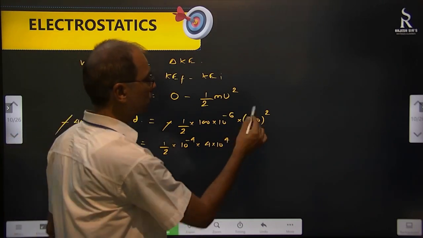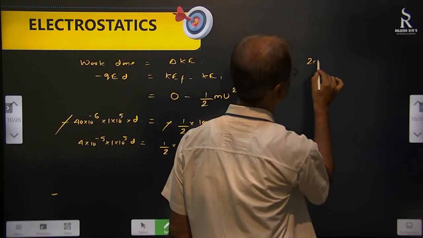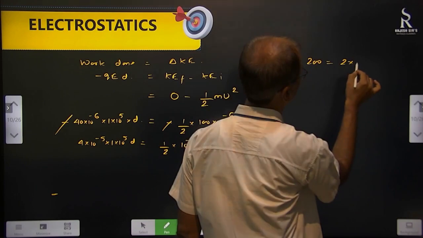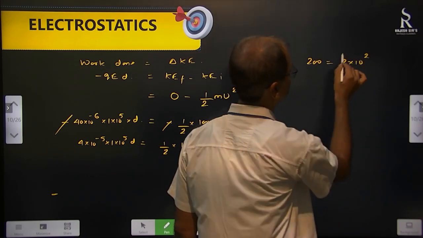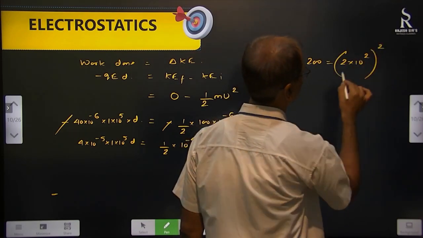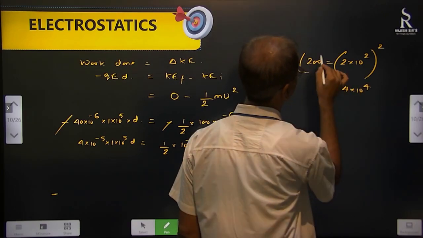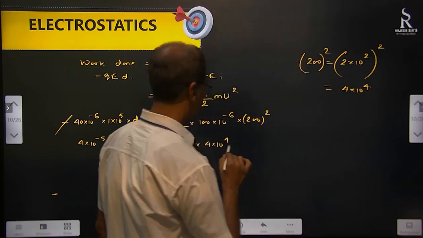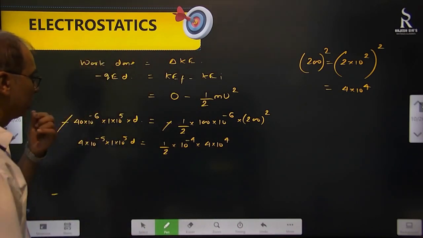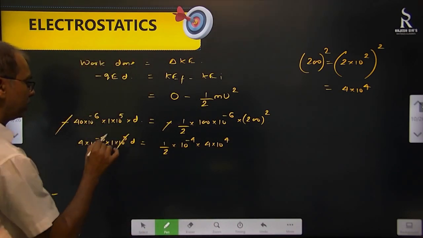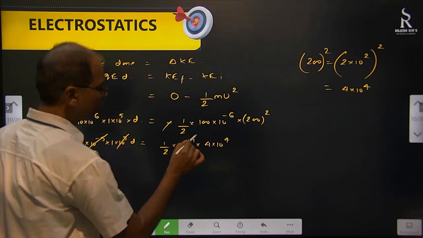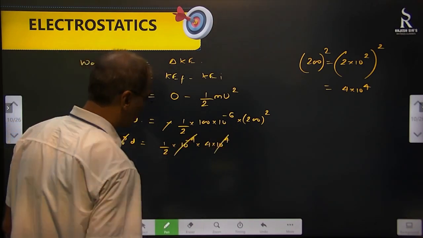Okay, this 200 you just see as 2 into 10 to the power 2. So square. Square will give us what? 4 into 10 to the power 4. So I have written 4 into 10 to the power 4. So again, here 10 to the power 5 and 10 to the power minus 5 cancel. Here 10 to the power minus 4 and 10 to the power plus 4 cancel.